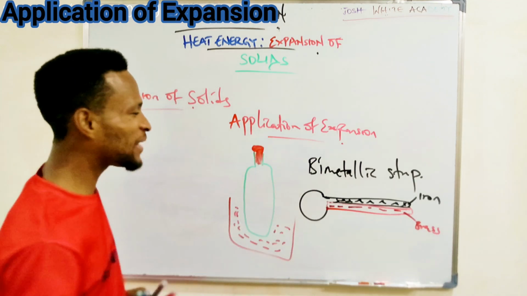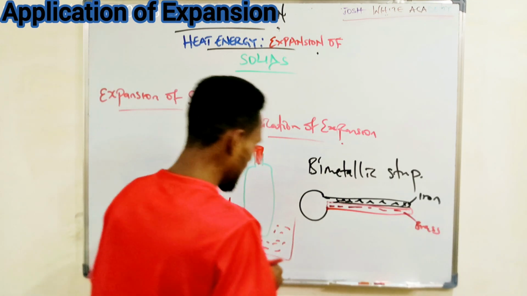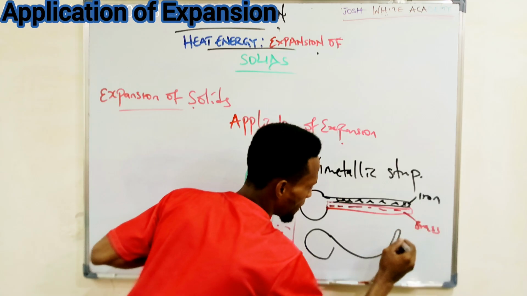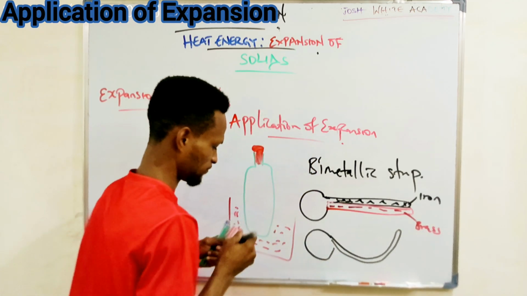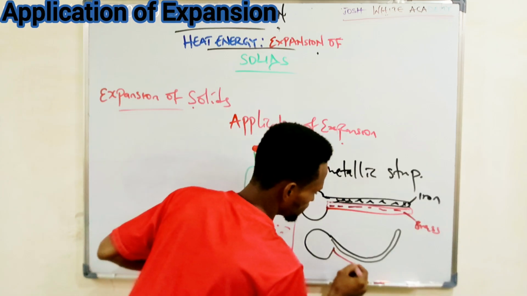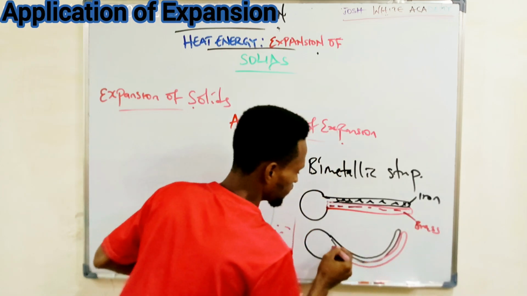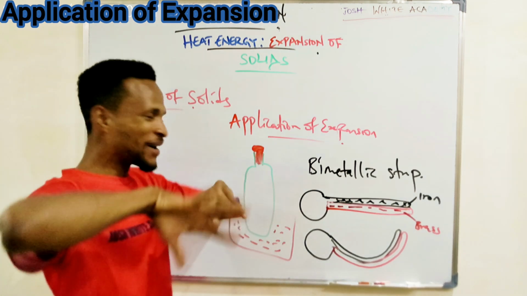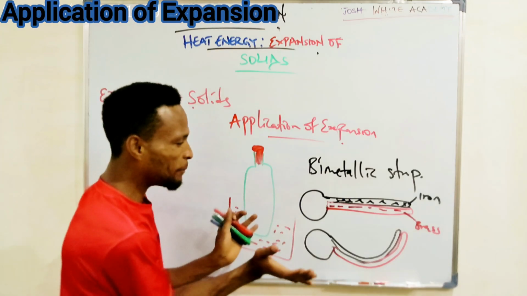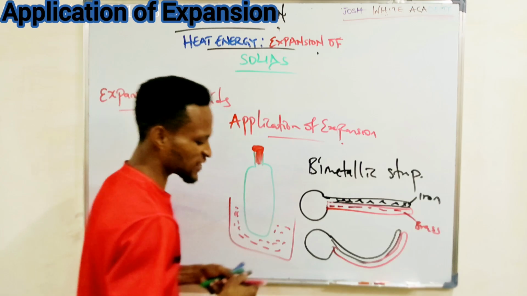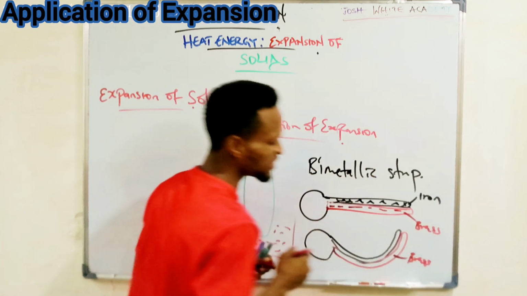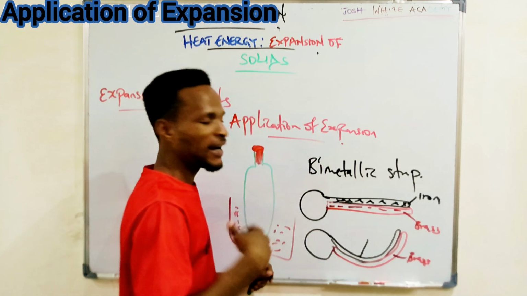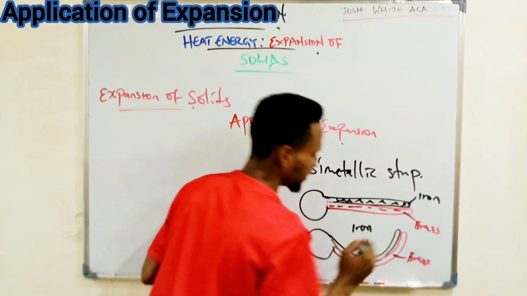We will notice when heat is applied to this body, it will look something like this, a shape like this. Because you know that brass expands more than iron. So the brass curves with it being outside. This is our brass outside, with our iron, which has a lesser rate of expansion, inside.